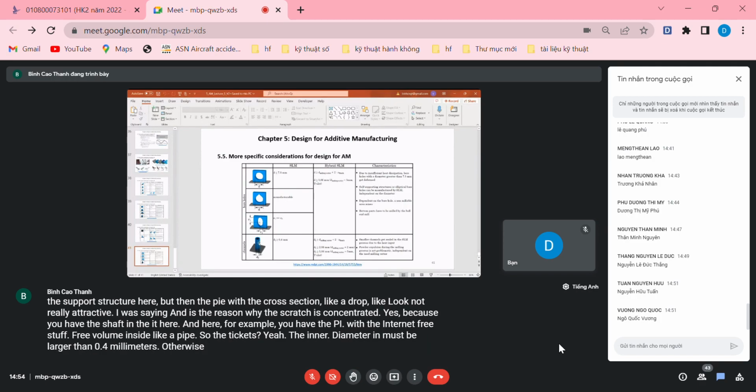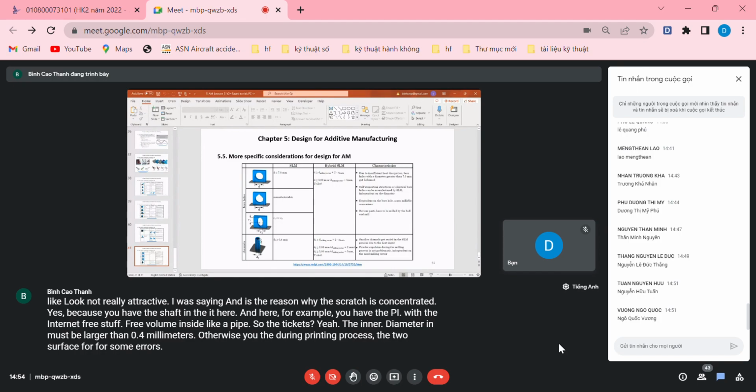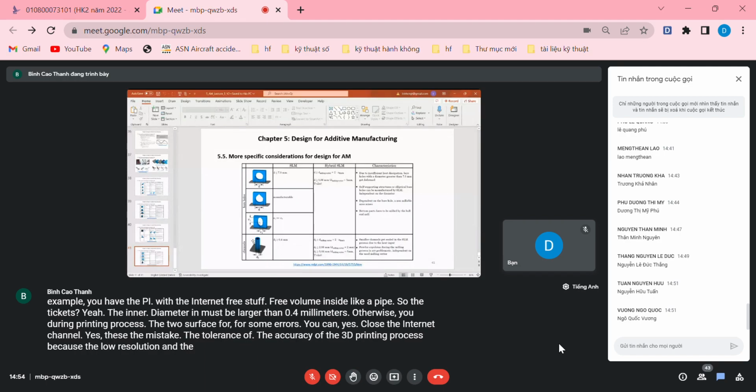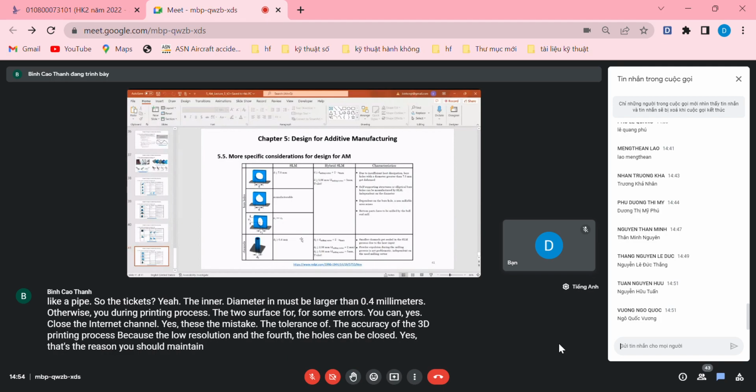Otherwise, during the printing process, due to some errors, the two surfaces can close the internal channel. Yes, this is the mistake. This is the tolerance of the accuracy of the 3D printing process, because of the low resolution the holes can be closed. That's the reason you should maintain at least 0.4 millimeters in terms of the inner diameter.